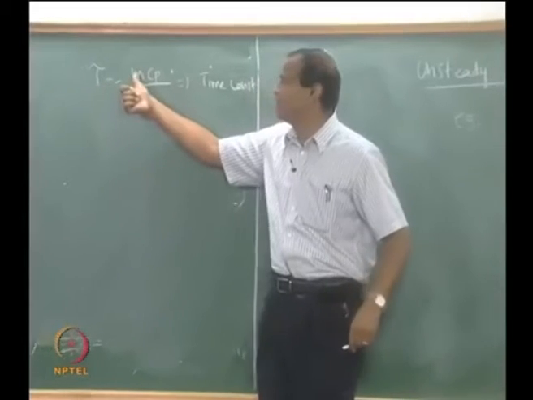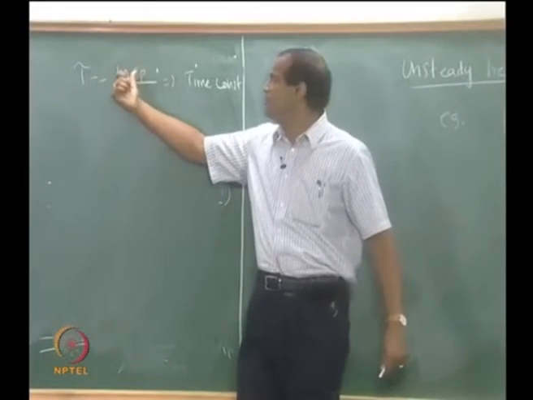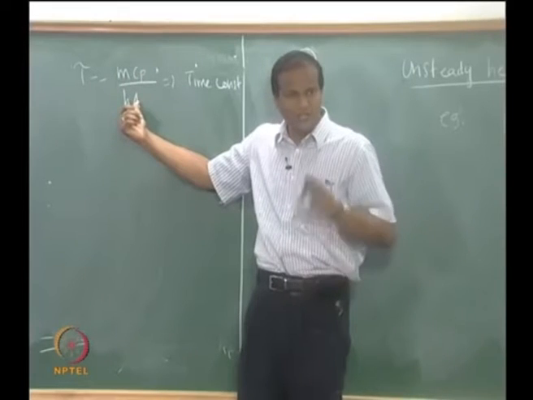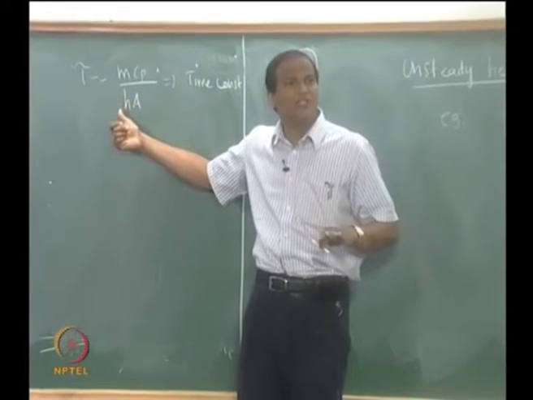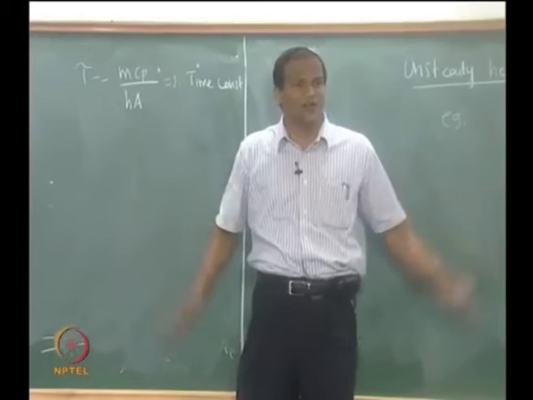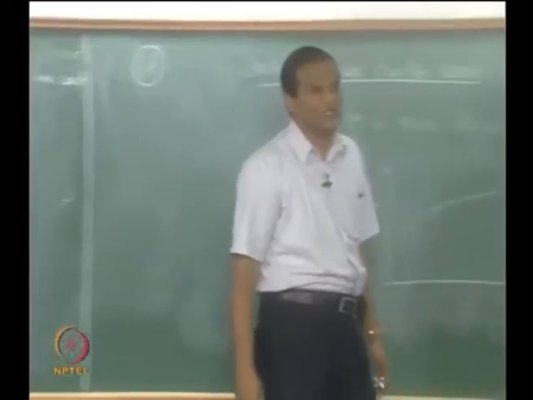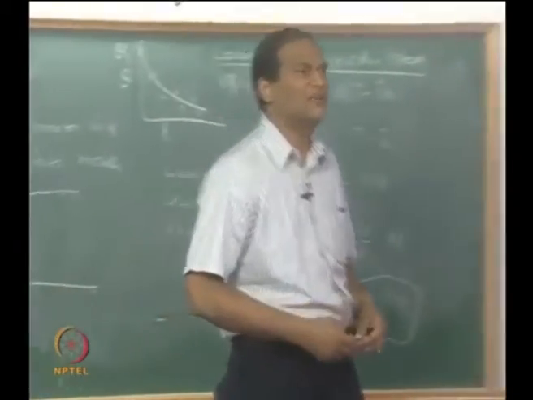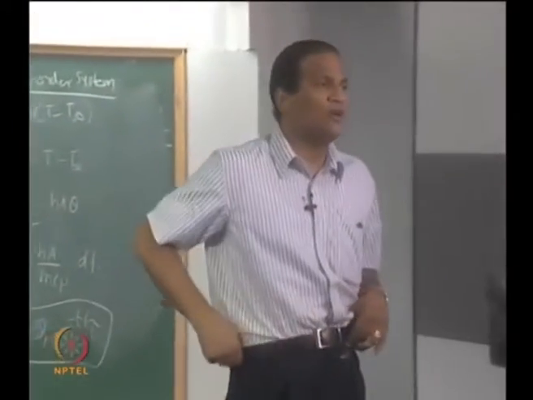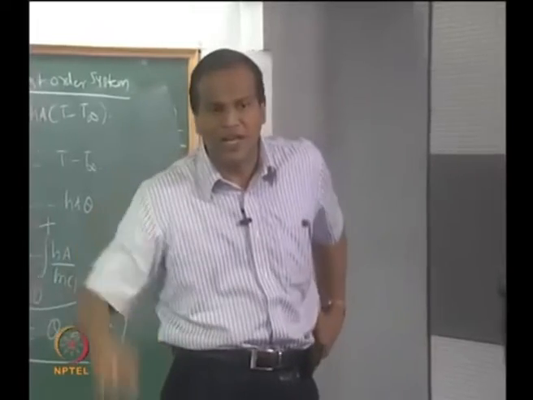From tau, if you know the mass of the system, the specific heat, the surface area, and if you are pretty sure that the heat transfer coefficient is not changing during that narrow interval, this gives you one more method of evaluating the heat transfer coefficient using an unsteady heat transfer experiment. Because if you have to do steady heat transfer, you have to repeatedly carry out several experiments.